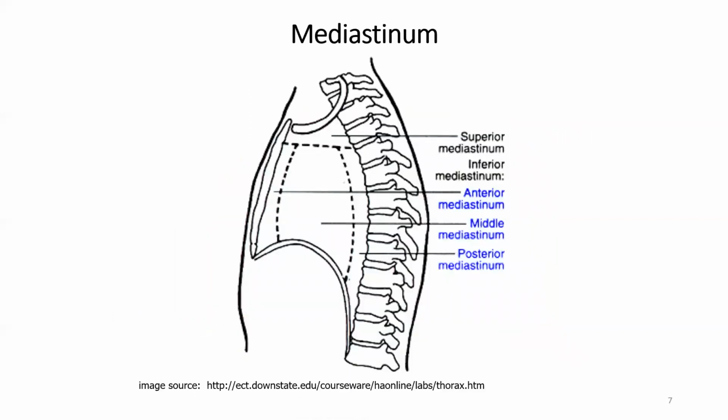So just another picture of the mediastinum, terms you might see in imaging, like superior mediastinum up in this area, posterior mediastinum, anterior, and middle mediastinum. So think of this as a space. It's not an organ, but it does contain blood vessels, ducts, nerves, the heart.